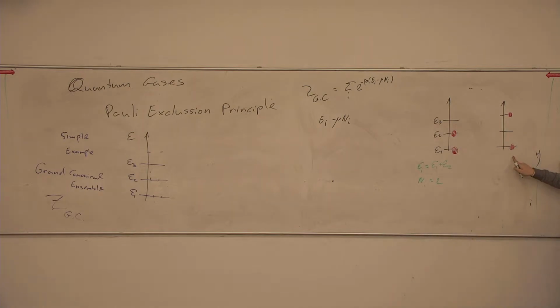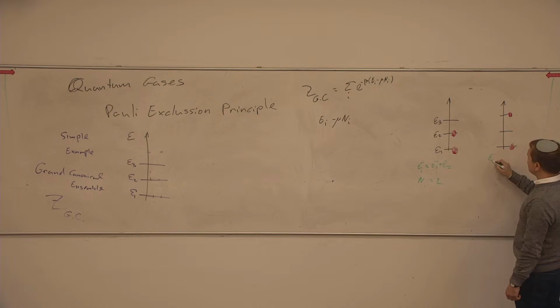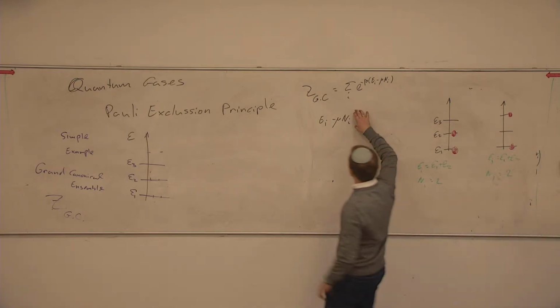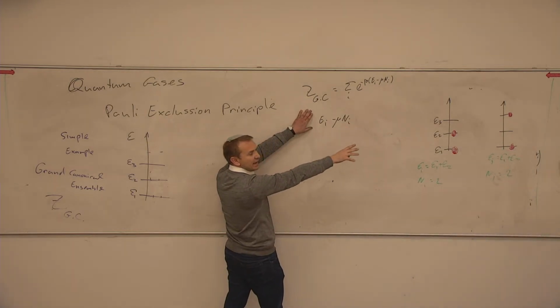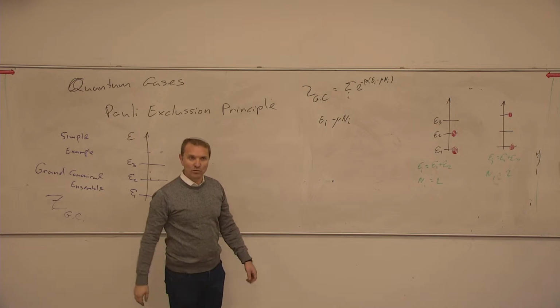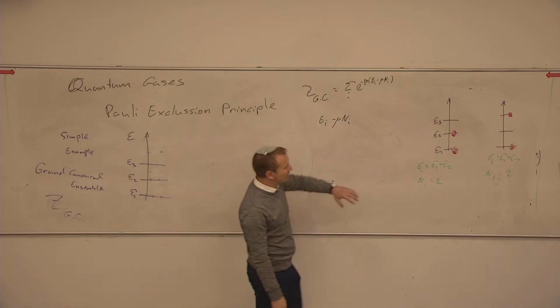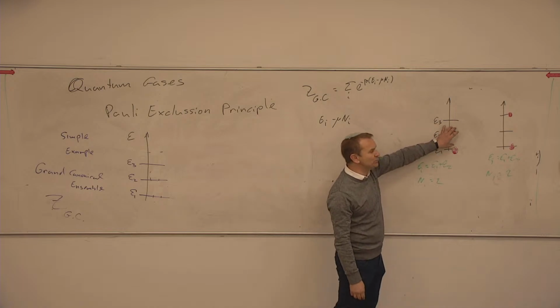For the state j, it's going to be epsilon 1 plus epsilon 3, and N_j equals 2. And I have to go over all the different configurations of how I can put my particles, I have to count all the different states, et cetera. Now, it's a problem. Why is it a problem? I have to keep in mind where I put the particle, where I haven't put the particle, et cetera.